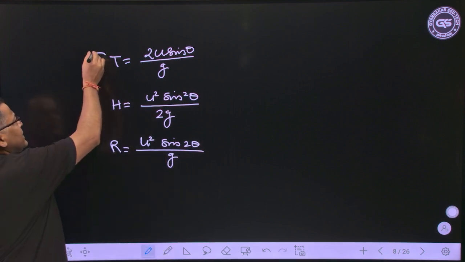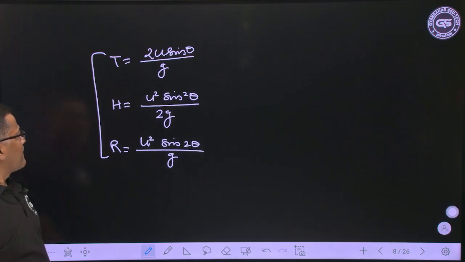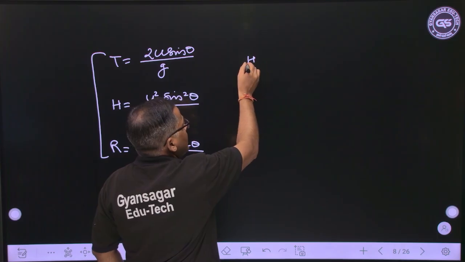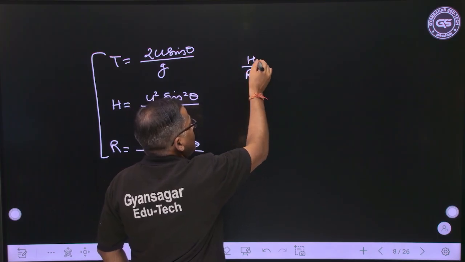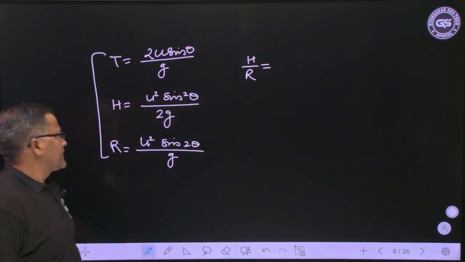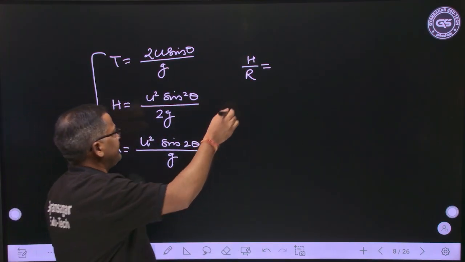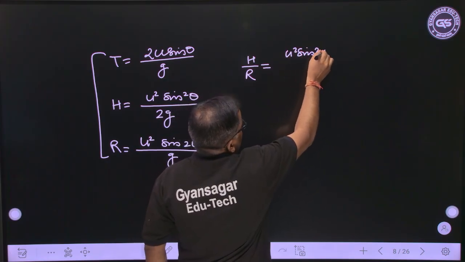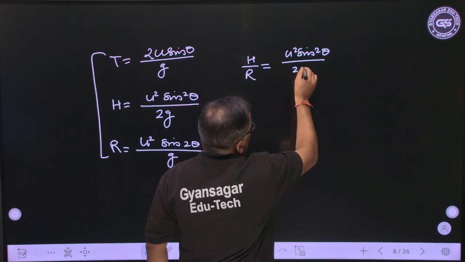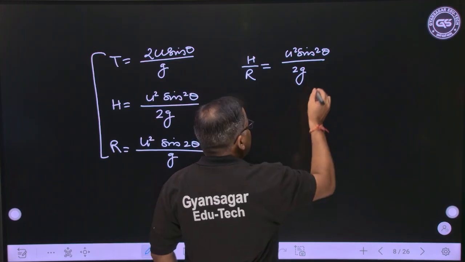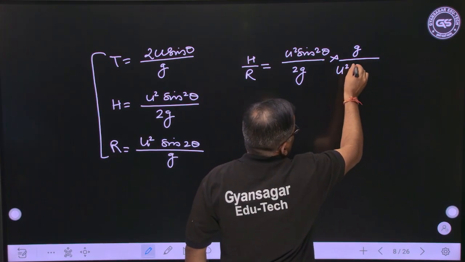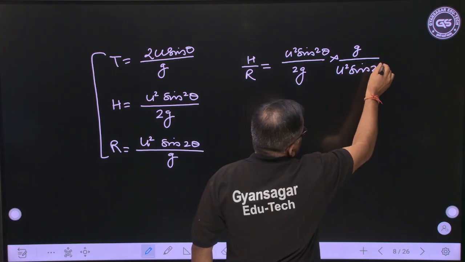Now, using these three equations, find h by r. What is h by r? We can find from here u square sin square theta by 2g, and this r, g by u square sin 2 theta.